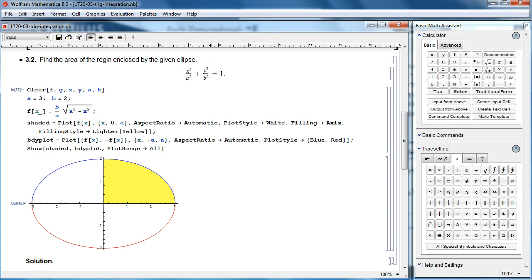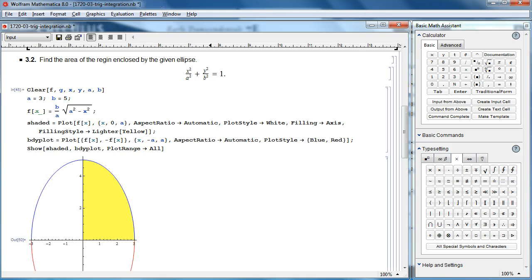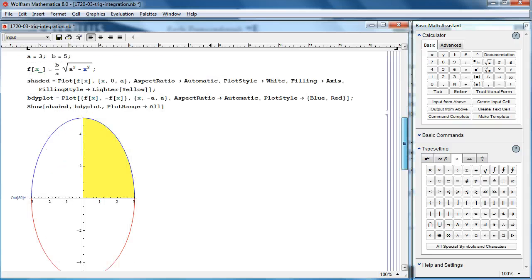The ellipse is given like this, kind of an elongated circle where the right hand side is a comma 0, the left hand side is negative a comma 0, the top is 0 comma b, and the bottom is 0 comma negative b. In this particular example, I took a equal to 3 and b equal to 2, but if I select different numbers, then we're going to get a different ellipse like this.